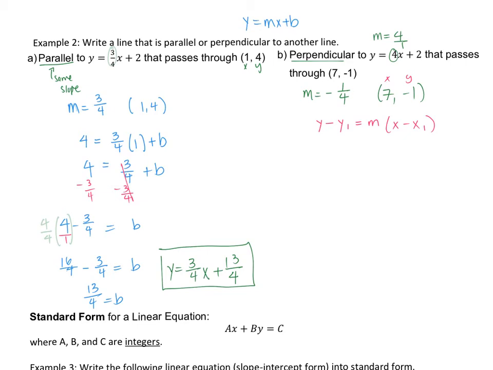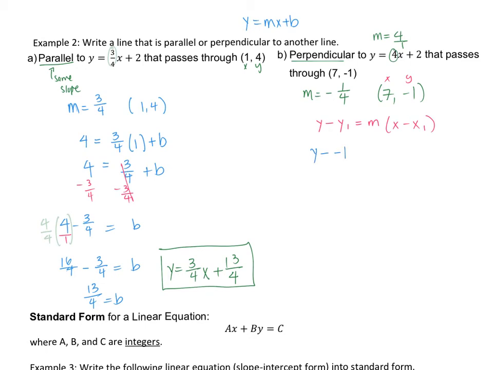Anytime you're given a slope and a point, this is a great formula to use because it will get you to this equation if you simplify. I'm going to show you how you can use this formula. A lot of students will just ignore this one, but if you're comfortable using this formula instead, that's fine. To use this one, you plug in your y1, which would be -1.